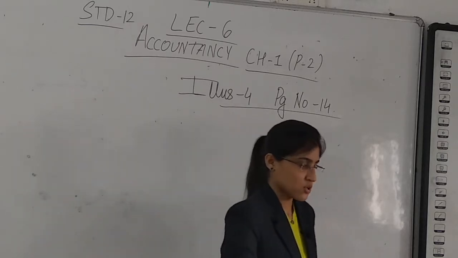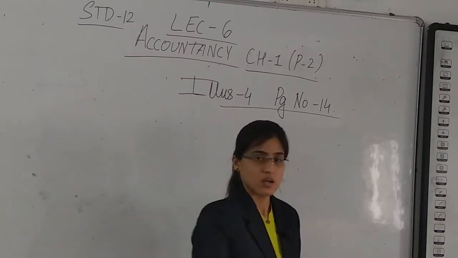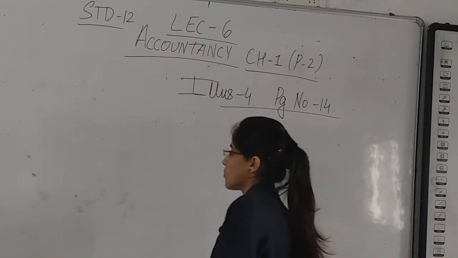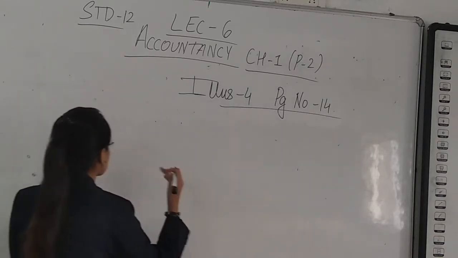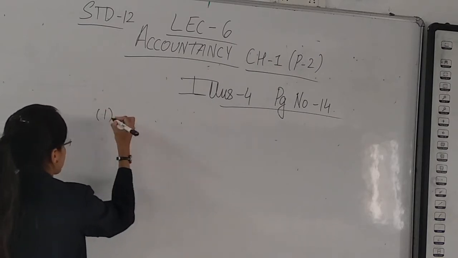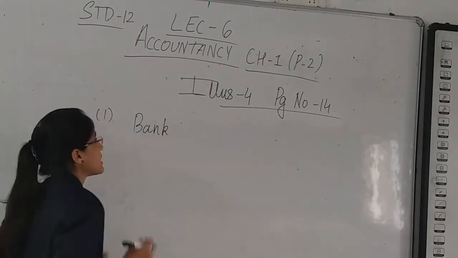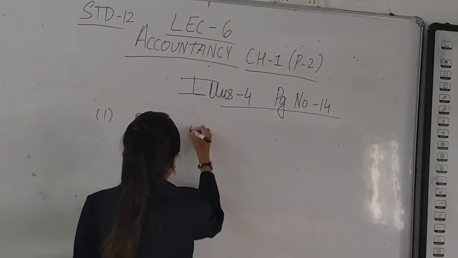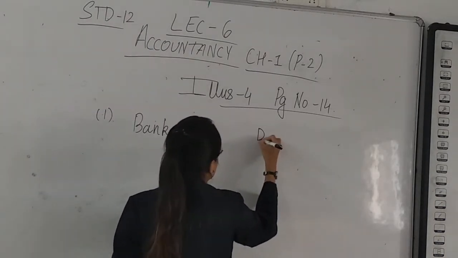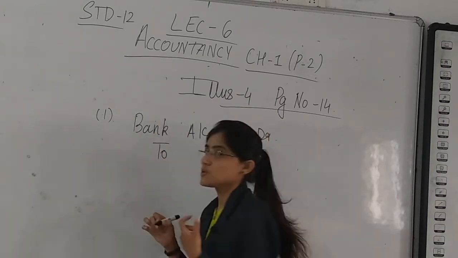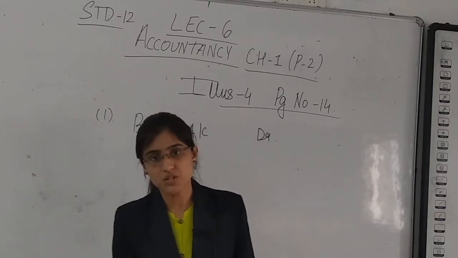Okay. So, let us begin the very first journal entry. When application money is received, bank account debit. Please pay attention. Bank account debit to... If it is equity share, then equity share application.